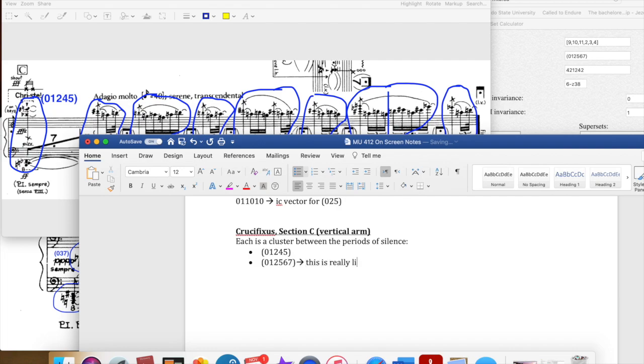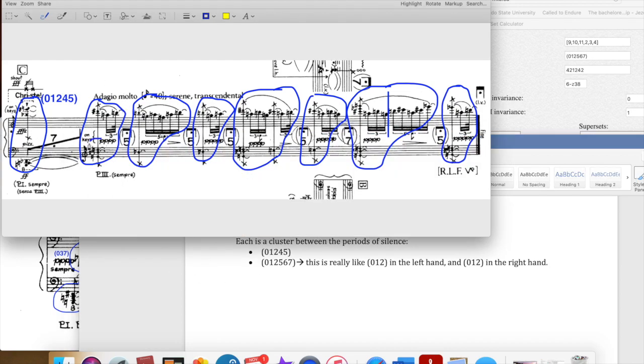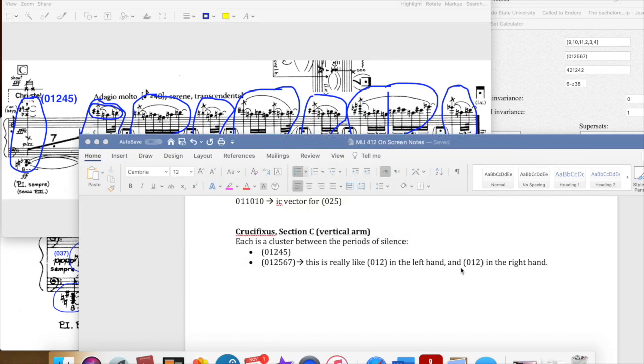This is really like 0, 1, 2 in the left hand, and 0, 1, 2 in the right hand. Now, before we go on to the next little cluster, I want to know, how is this 0, 1, 2 related to this 0, 1, 2? So let's take a minute and figure that out.